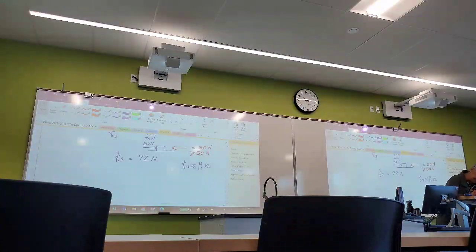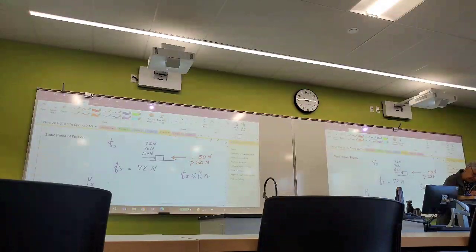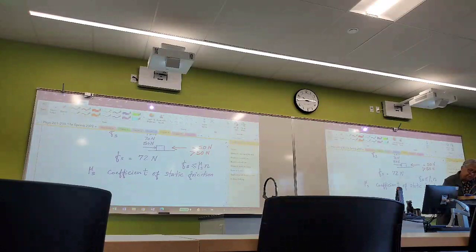What is this? This is a Greek letter called mu sub s. This mu sub s is called the coefficient of static friction. This coefficient of static friction is a pure number.